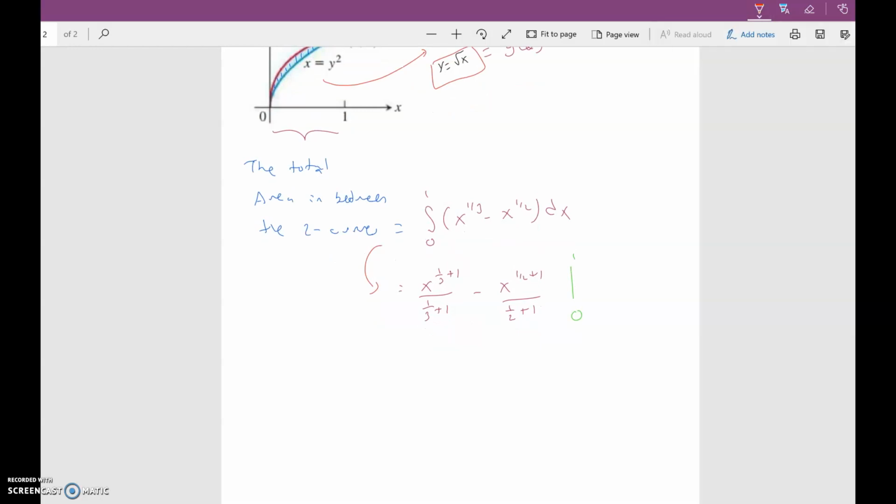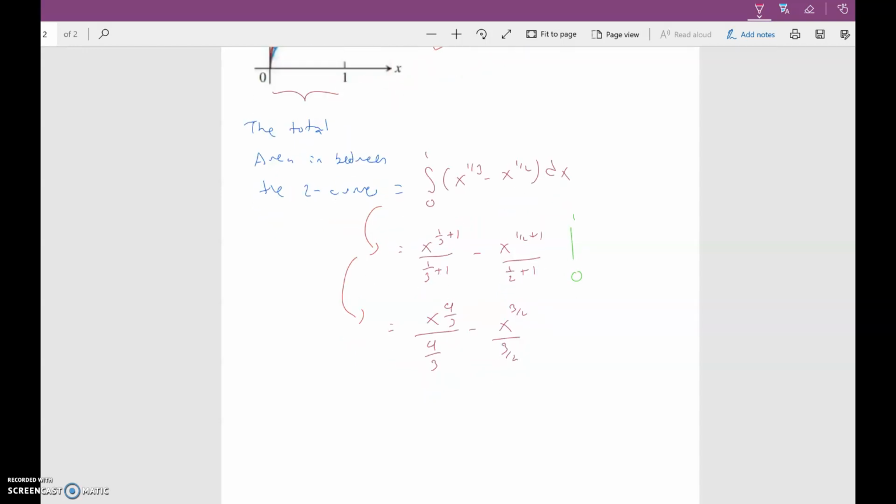So this is equivalent to x to the 4/3 divided by 4/3, and then minus x to the 3/2 over 3/2.